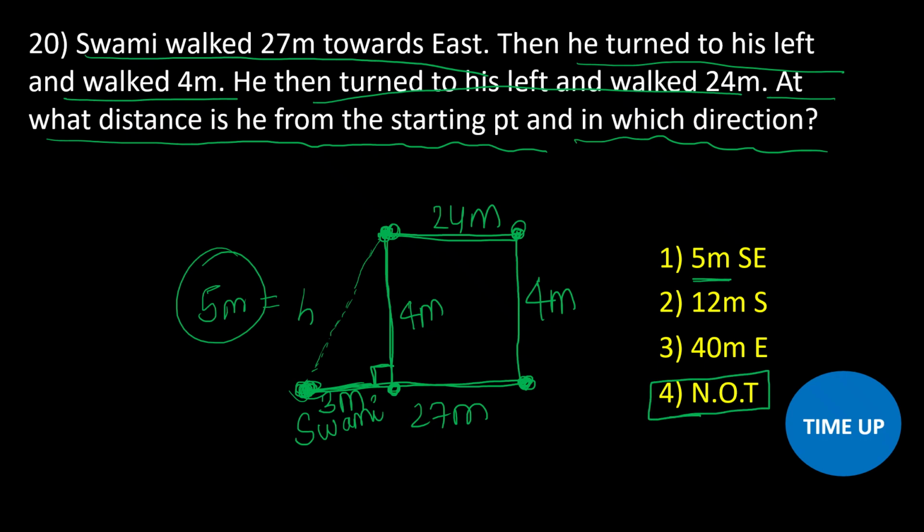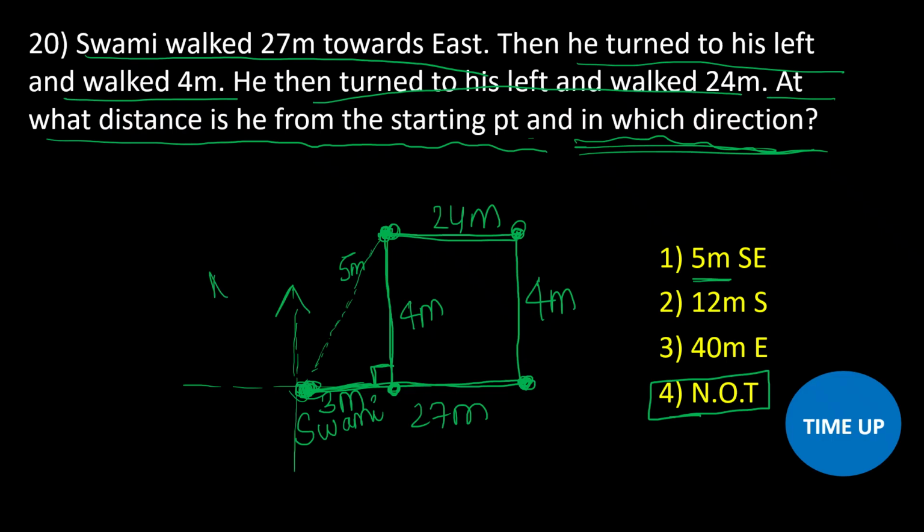So you need to solve in which direction is he from the starting point. So from the starting point, this is 5 meter, right? So which direction is this? This is your north and this is east. So this direction is northeast.